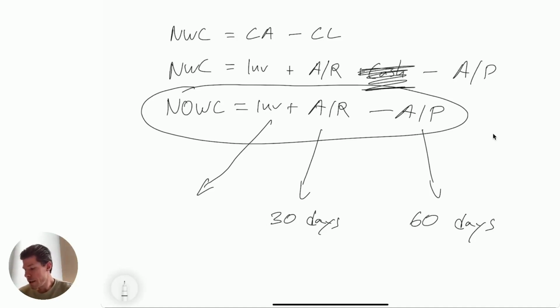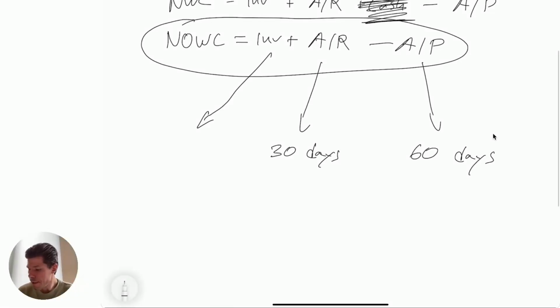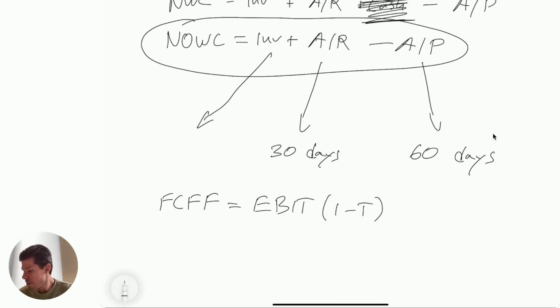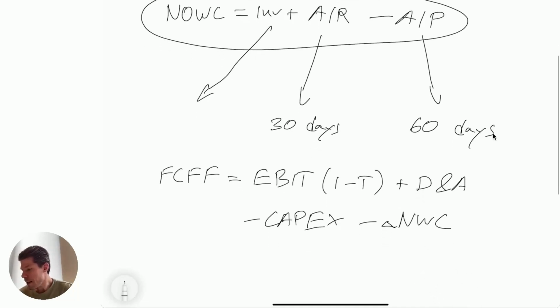Yeah, so net operating working capital is inventory plus accounts receivables minus accounts payables. Going back to the earlier example, free cash flow to the firm, I will do another video: EBIT times (1 minus T), plus depreciation and amortization, minus CapEx, minus change in net working capital.